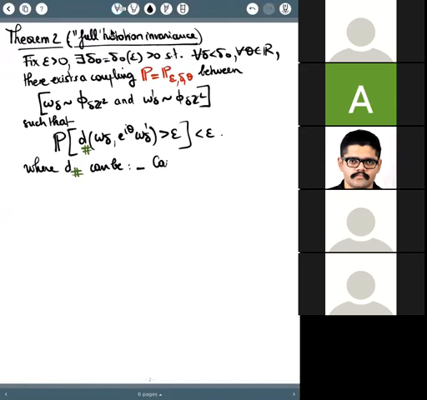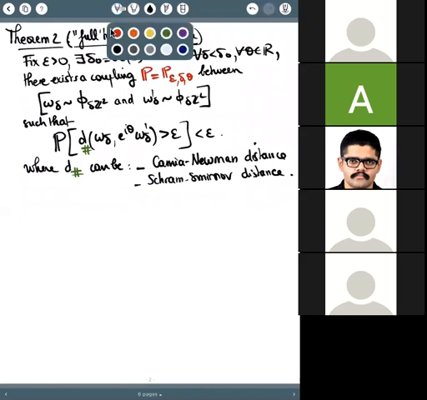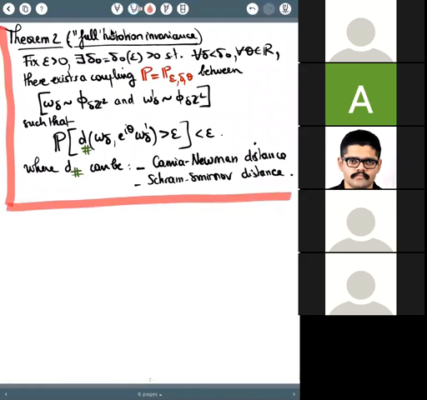It can be the Camia-Newman distance, or it can be the Schramm-Smirnov distance. So at this stage, don't worry if you never heard about these distances. It's not such a big deal as long as you are not in percolation theory. If you are in percolation theory, worry a little bit because you should have heard about these distances. And I encourage you to take a look at what they are.